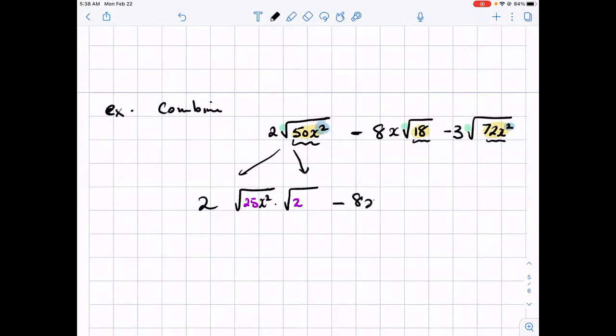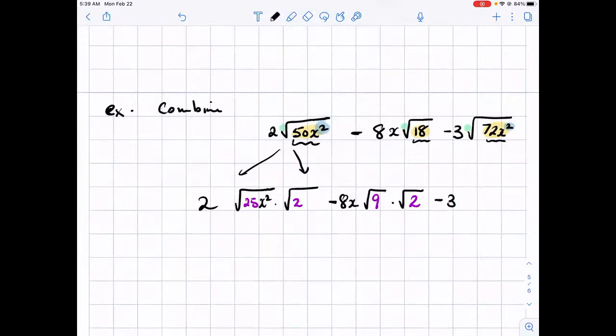Minus 8x, and if I make 2 radicals as I did before, the 2 radicals would be 9 times 2.